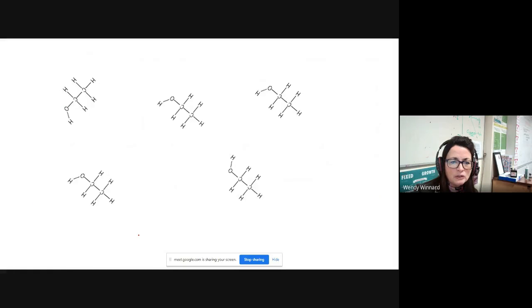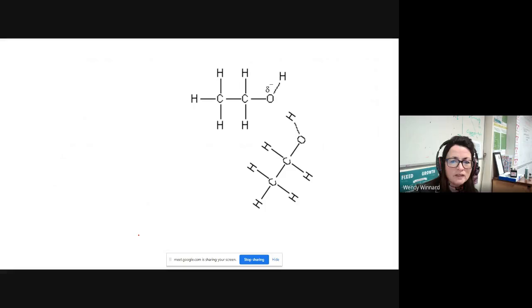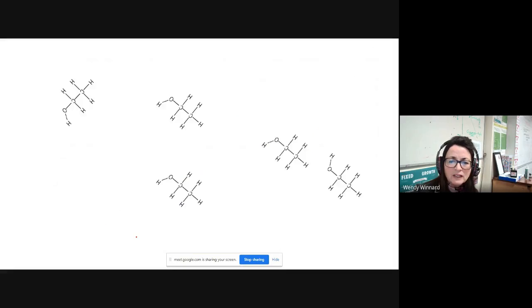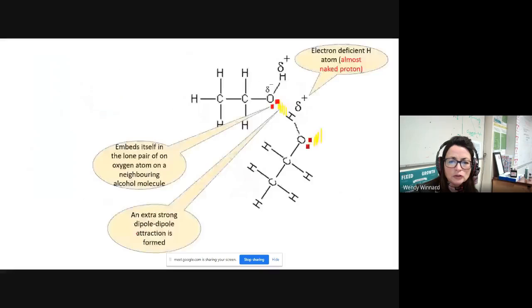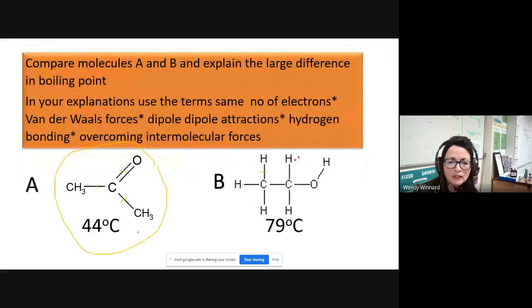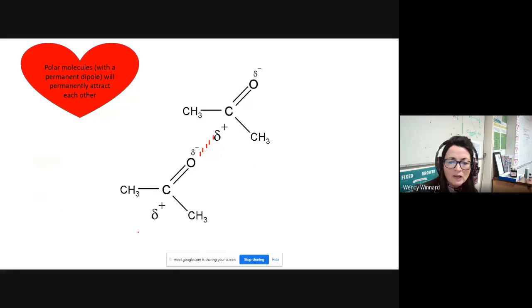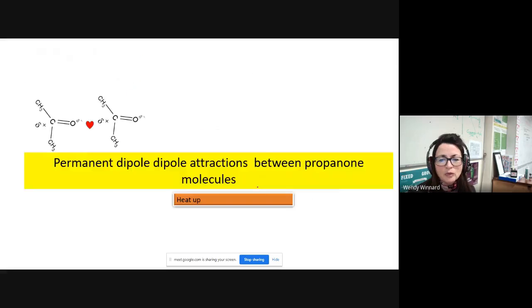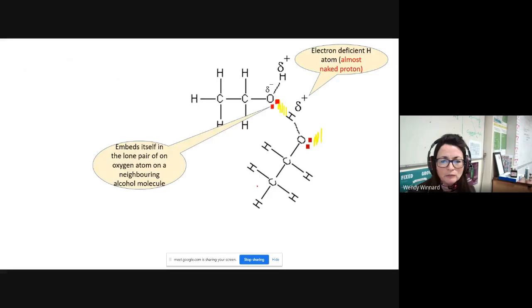So you can draw a diagram showing a hydrogen bond, and a diagram showing a dipole-dipole attraction, then label it and say less energy is needed to overcome, that's break, the dipole-dipole attraction. That will explain the difference in boiling point.